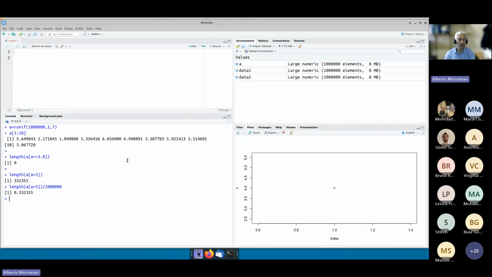Because the probability of greater than 5 is given by numbers that are greater than 5 and greater than 6, which is 2 over 6. 2 over 6 is 0.33. And so an engineer may say, I'm just interested in the probability of not exceedance or exceedance. The probability of exceedance is 0.33.